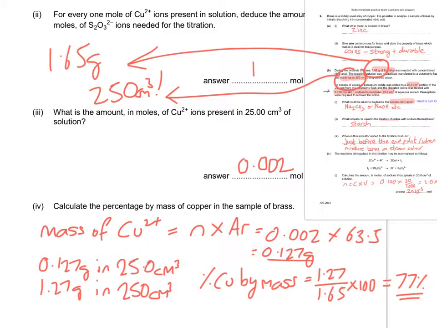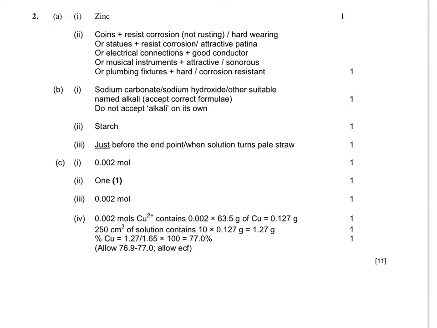So now let's have a look at the mark scheme and see what they would have wanted us to get this time. So we got the fact it was zinc, and we said it was hard wearing. We suggested sodium carbonate. We mentioned starch indicator, and we said it's just before the end point. We mentioned pale straw.